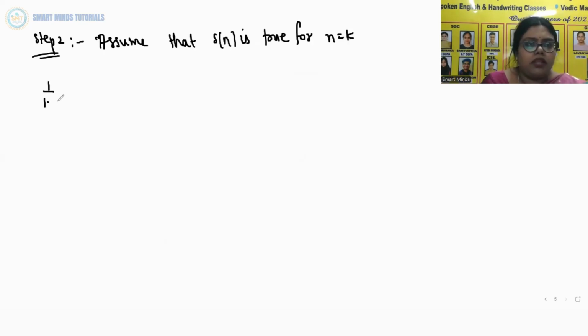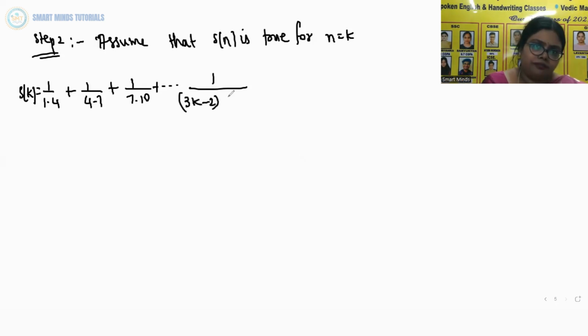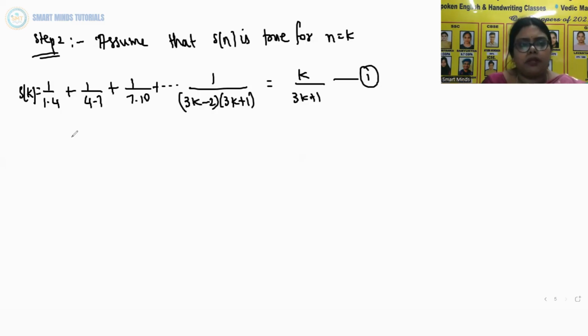So S of k: 1 by 1 into 4 plus 1 by 4 into 7 plus 1 by 7 into 10 plus so on up to 1 by 3k minus 2 into 3k plus 1 is equal to k by 3k plus 1. This is equation number 1.